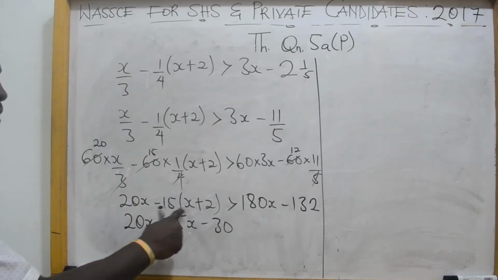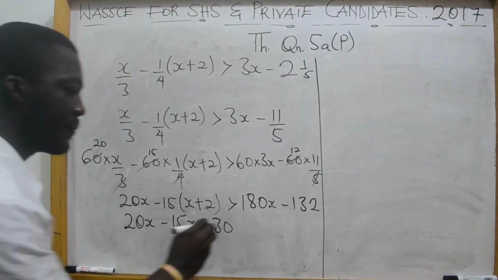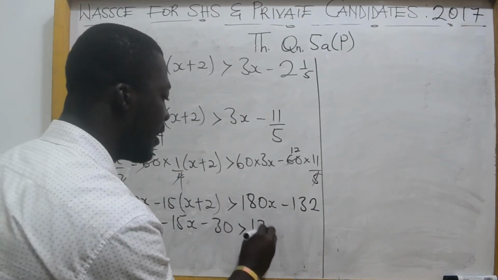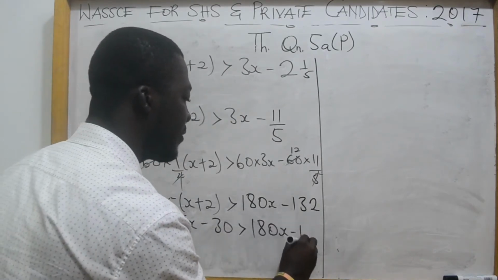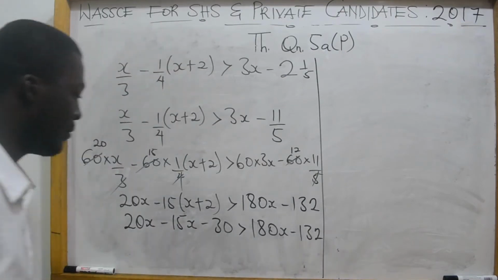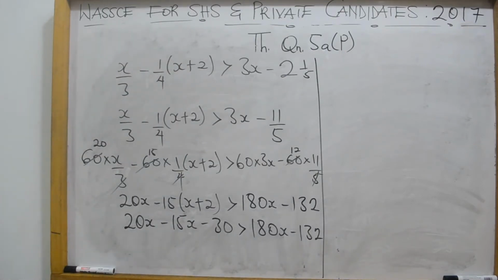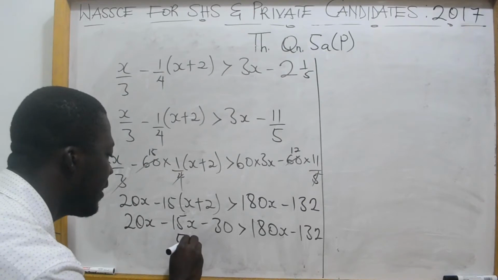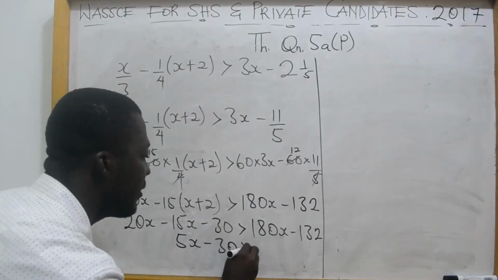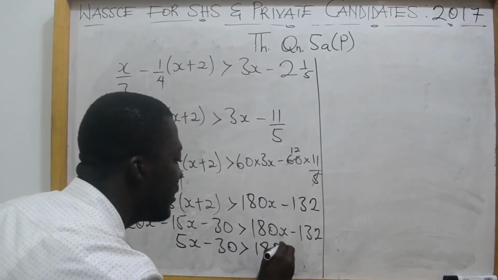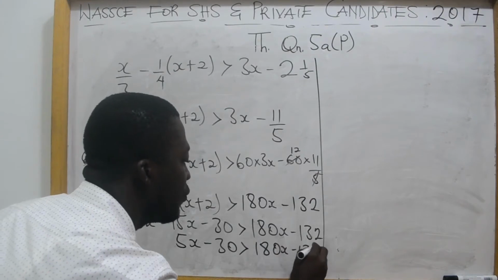The negative 15 is multiplying the bracket. Is greater than 180x minus 132. Alright, next, 20x minus 15x will give us 5x minus 30 greater than 180x minus 132.